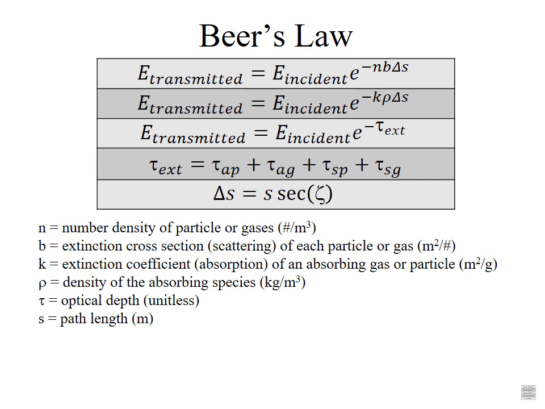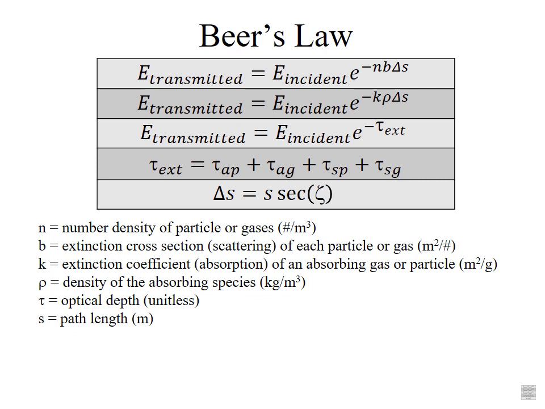K is the extinction coefficient for absorption of an absorbing gas or particle, and rho is the density of the absorbing species, not the density of the atmosphere, but the density of the absorbing species. So the second equation is looking at the impact of atmospheric absorption by particles and gases.